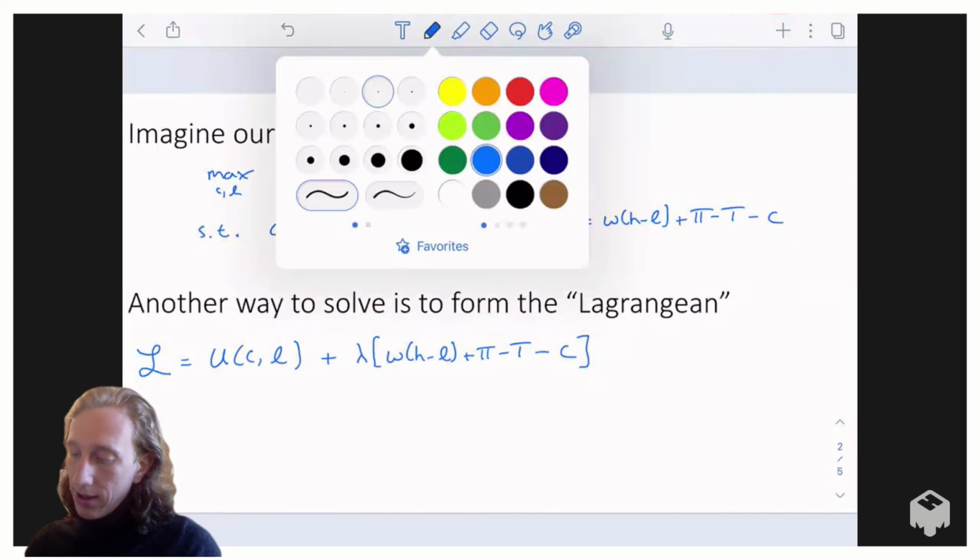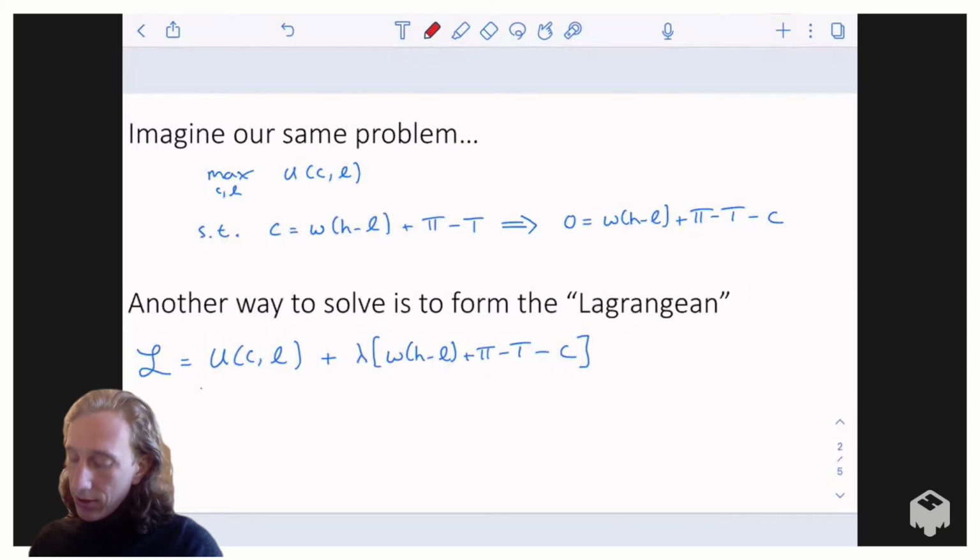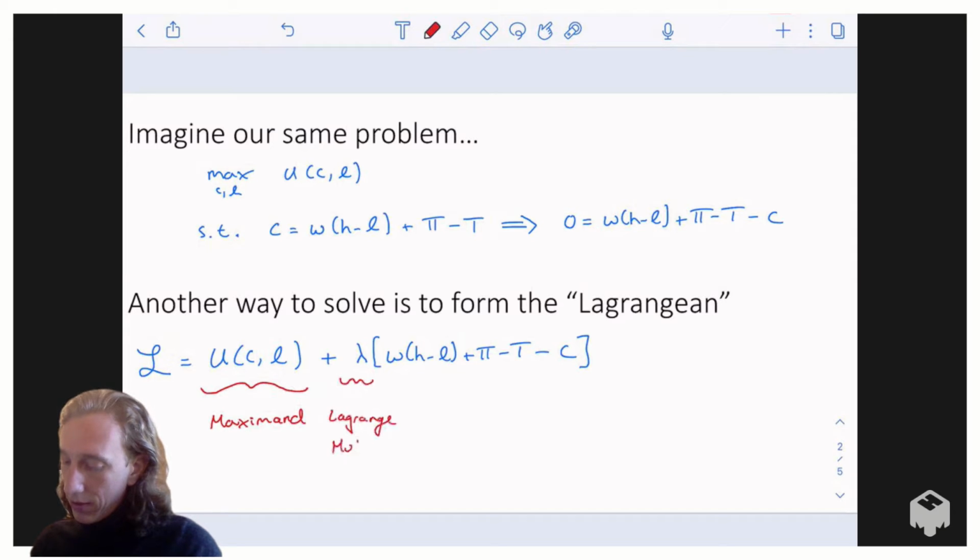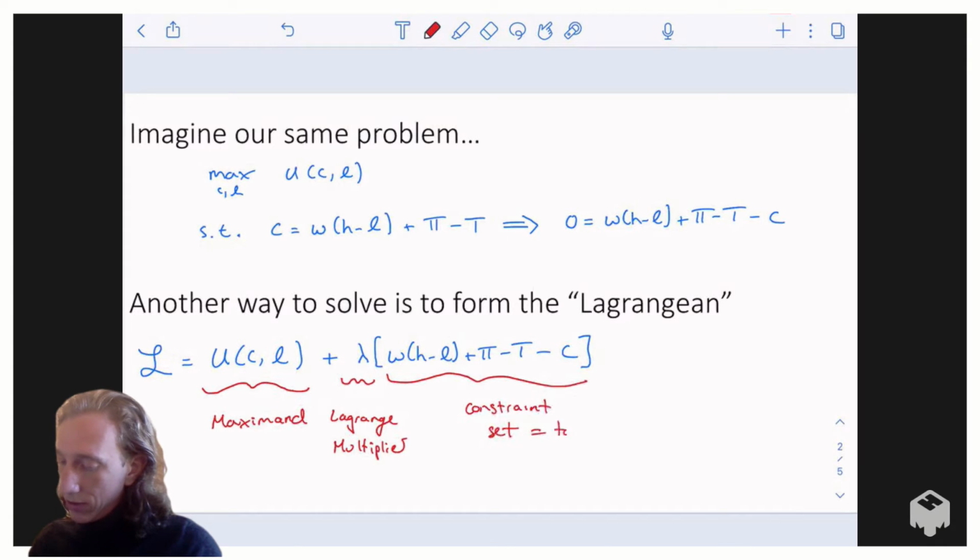Okay, so let me write these. So the Lagrangian, again, is equal to, this is called the maximand, the thing we want to maximize. This lambda is called the Lagrange multiplier. And this is the constraint set equal to 0.